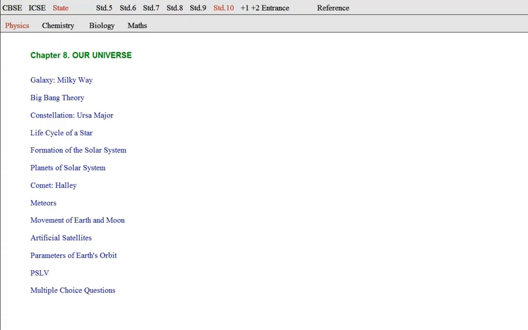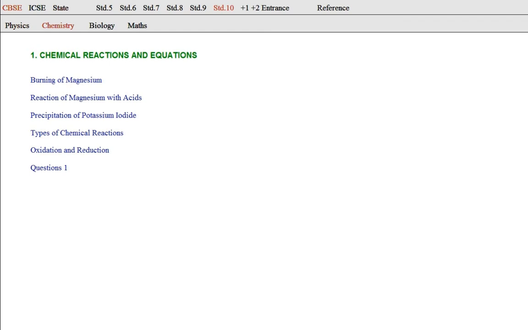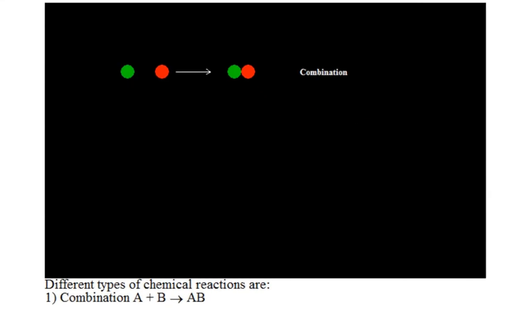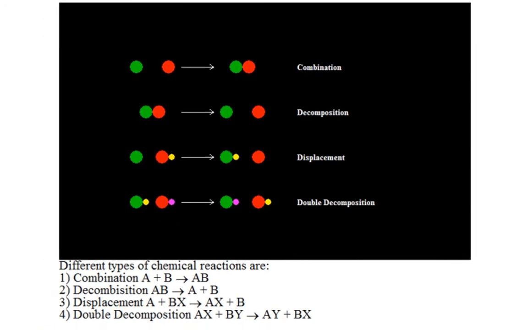Now let's go back to CBSE Chemistry for Standard 10. Chemical reactions and equations. Types of chemical reactions: combination, decomposition, displacement, double decomposition.